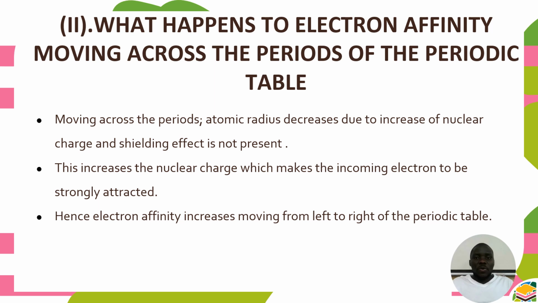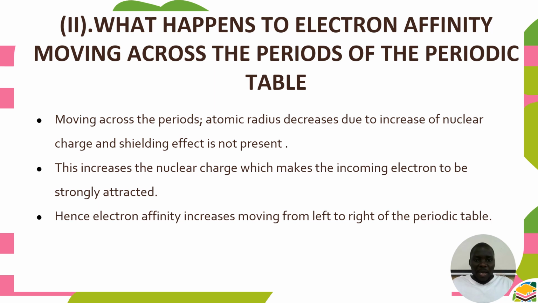So what happens to electron affinity moving across the periods of the periodic table? Moving across the periods, atomic radius decreases due to an increase in nuclear charge. Let us understand this properly. Why is the atomic radius decreasing? It is due to the increase in nuclear charge.